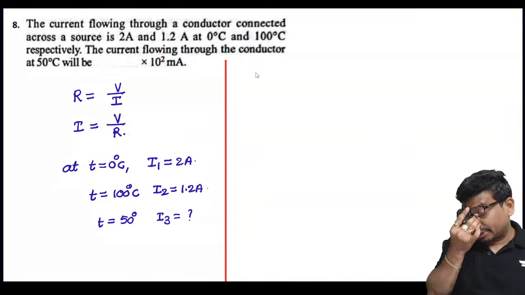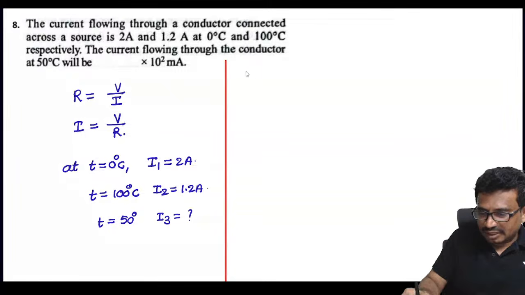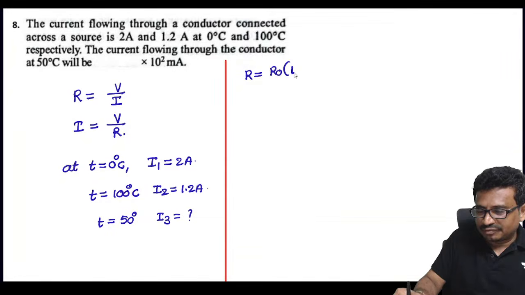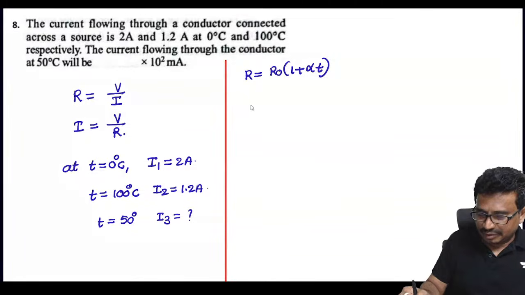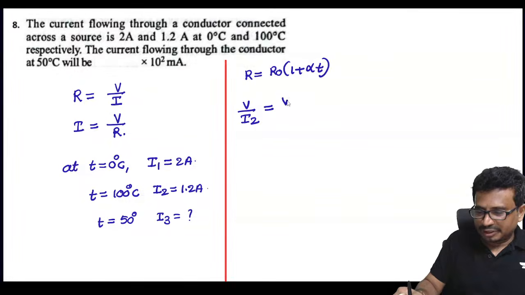I can use the relation R is equal to R naught into 1 plus alpha T. Here R naught is given. So I can write R2 as V by I2, which is equal to V by I1 into 1 plus alpha T. V will get cancelled.